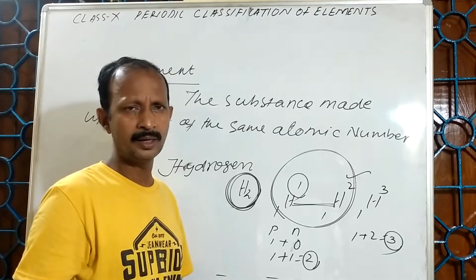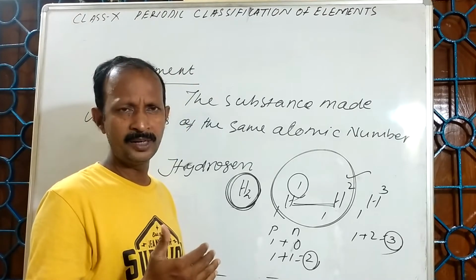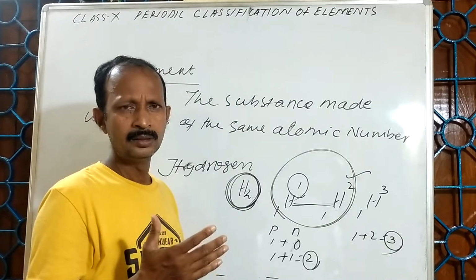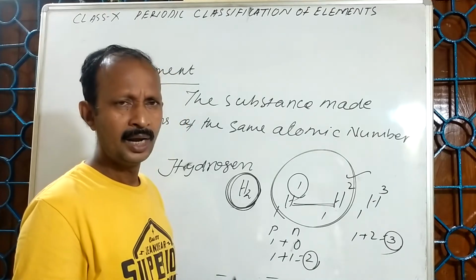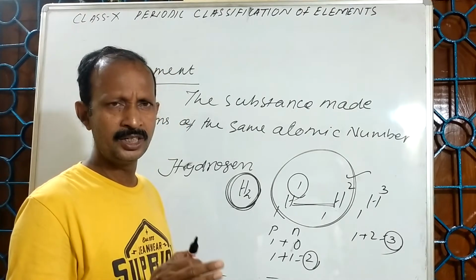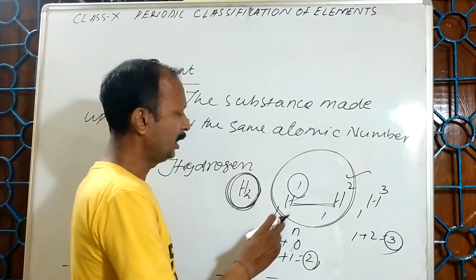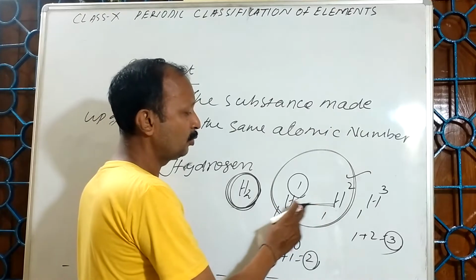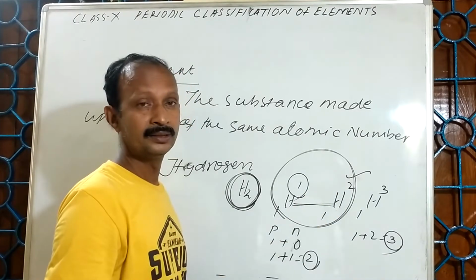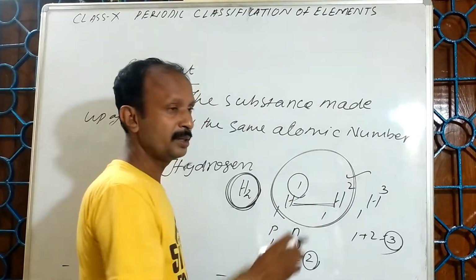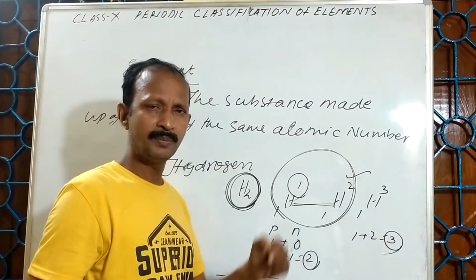Atomic number is just like our fingerprint. The fingerprint of one person does not match with others. Similarly, the atomic number of every element is distinct from other elements. So, both hydrogens have atomic number 1 because both are hydrogen, but their masses are different. Here mass number is 1, here mass number is 2.